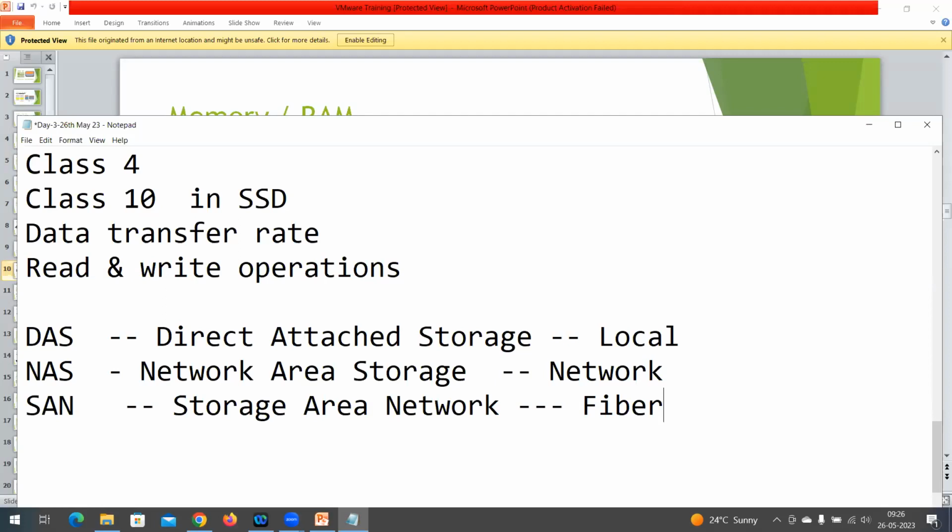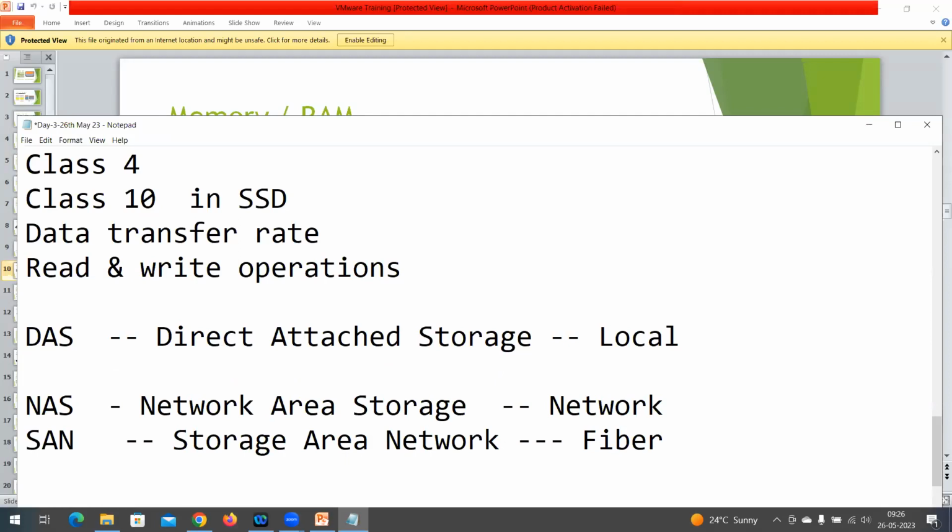So there the concept comes in the picture, how to make the storage available, even to avoid a single point of failure. That is the concept that comes in the picture, shared storage. Shared storage in the sense it can be configured over NAS, that is network area storage, or SAN.